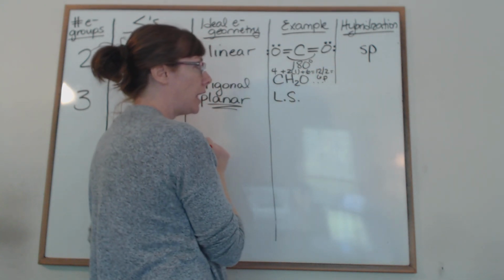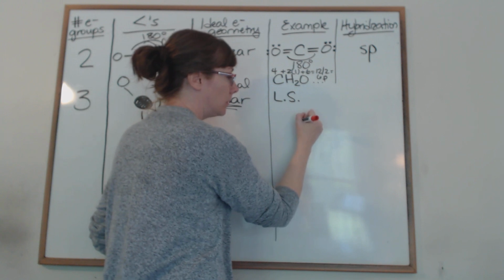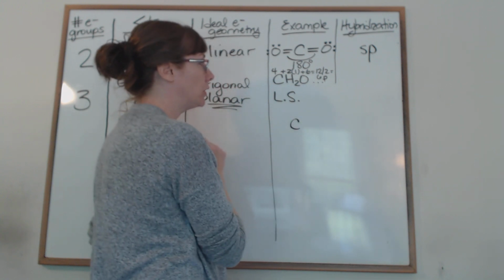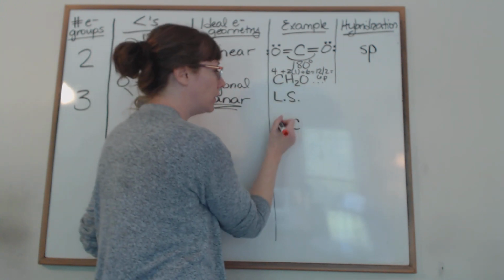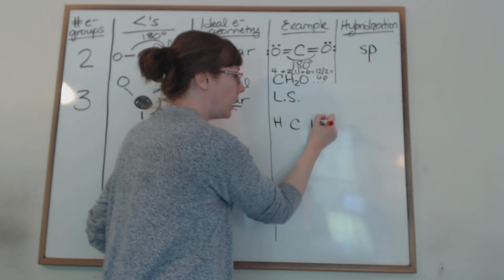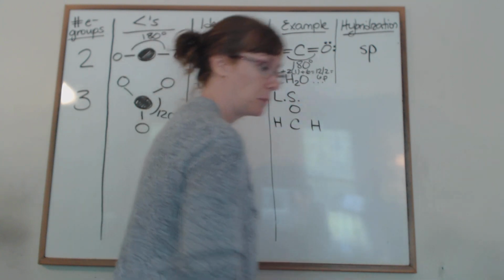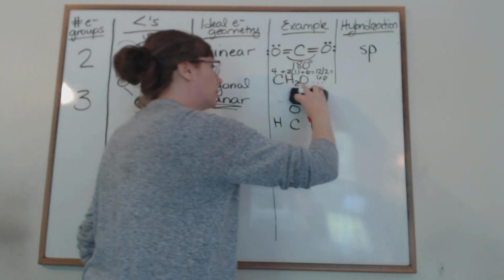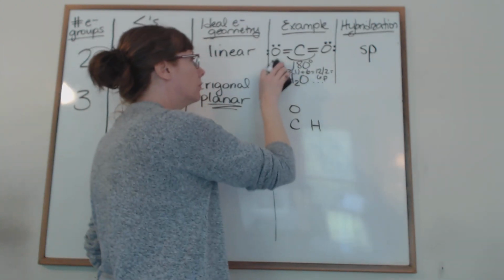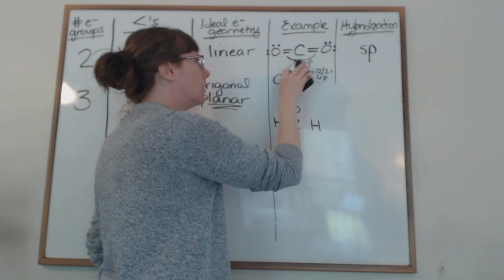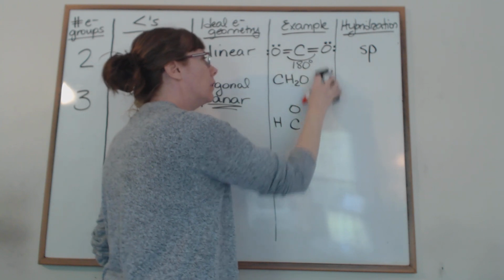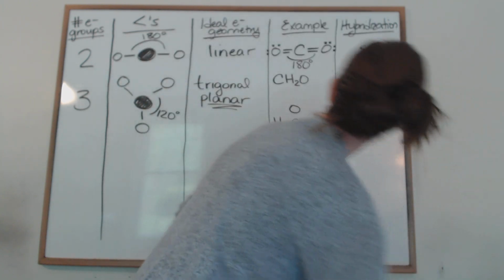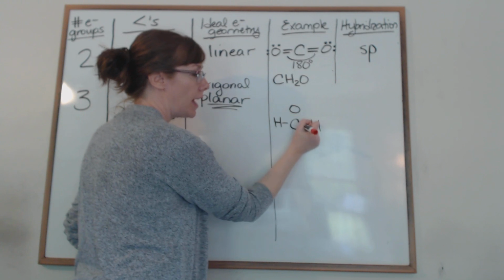I have that it would have 6 pairs of valence electrons on my Lewis structure. Carbon would be central because he's listed first. I'm just going to do H's on either side and oxygen on top. Connect the atoms together.